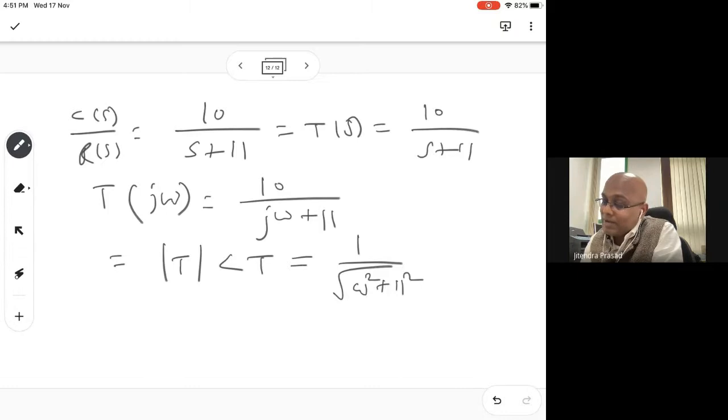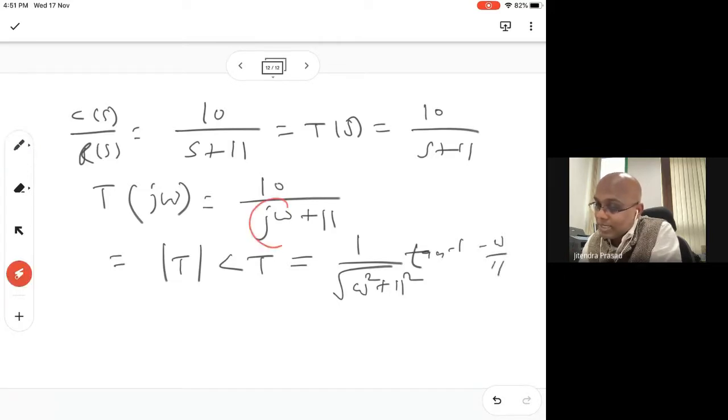And then the angle is tan inverse of minus omega over 11, since this is the imaginary part, so it comes first. Okay, so this defines it already, right?